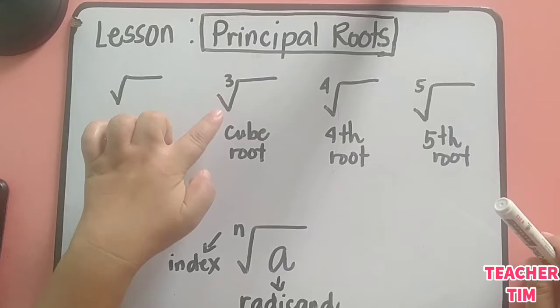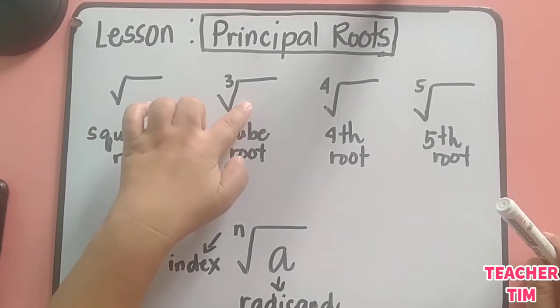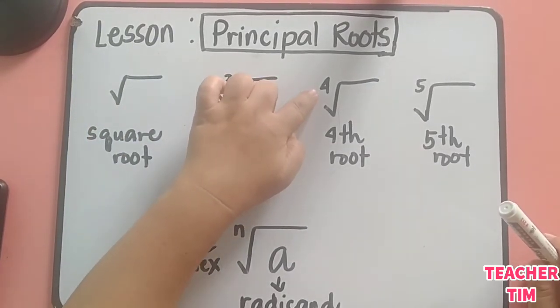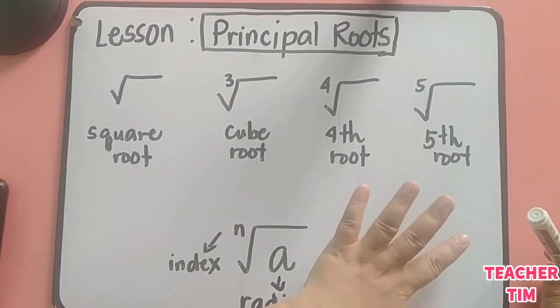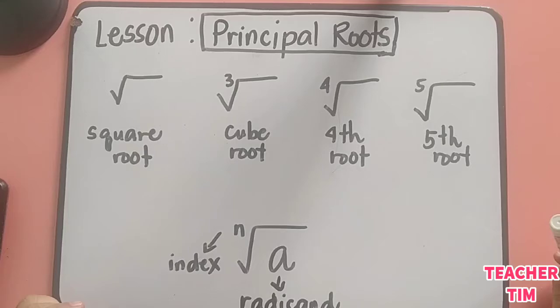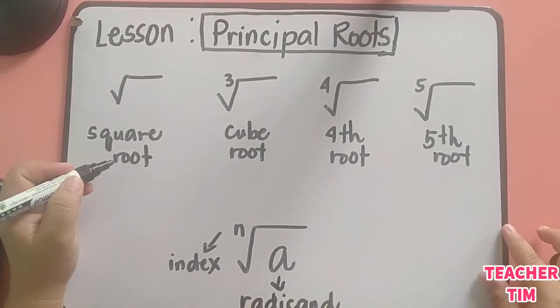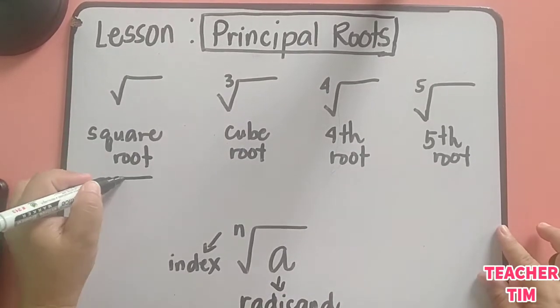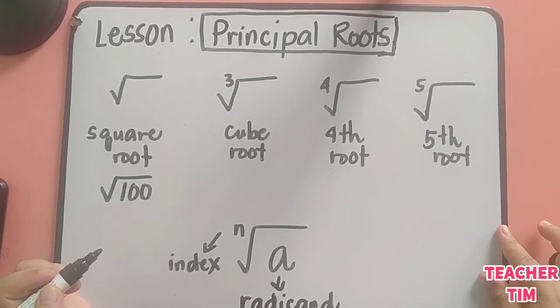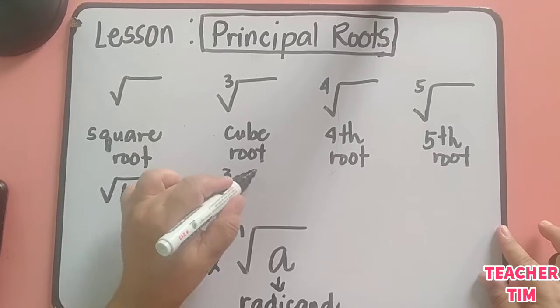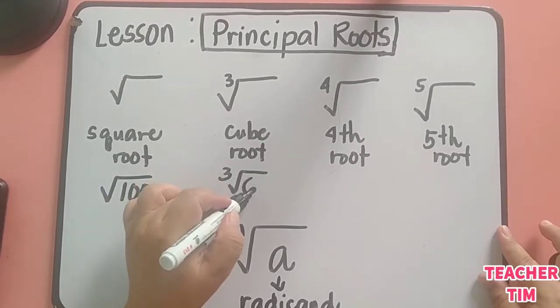Then we have the cube root of a number. Then fourth root. And then we have fifth root, sixth root, seventh root, and so on. One example is the square root of 100. This one is the cube root of, let's say, 64.